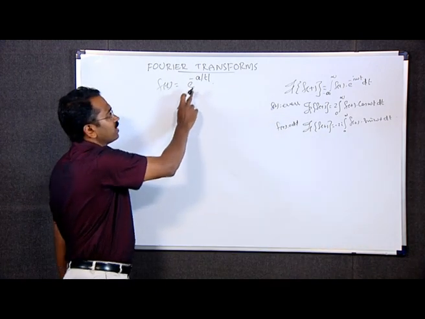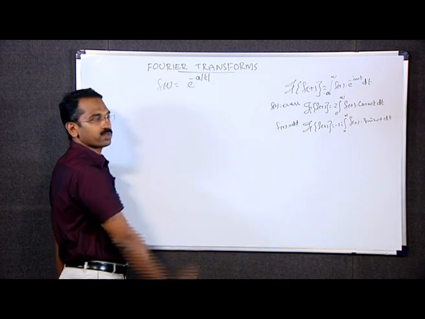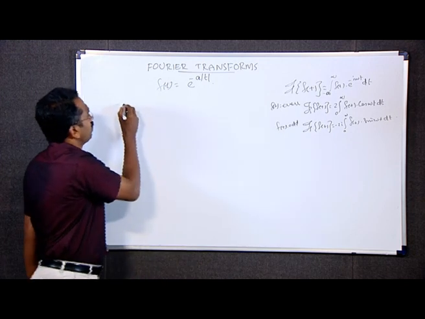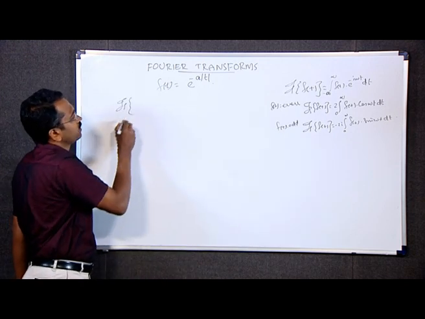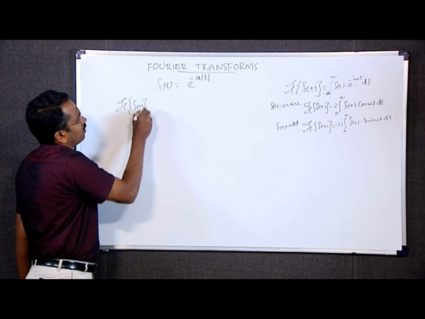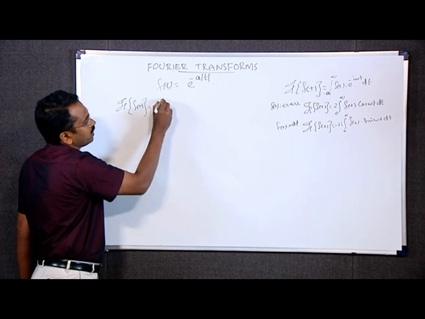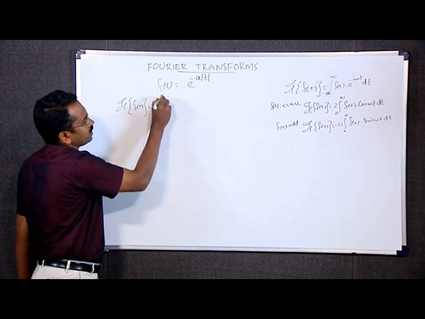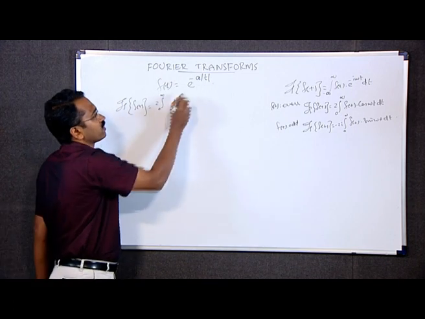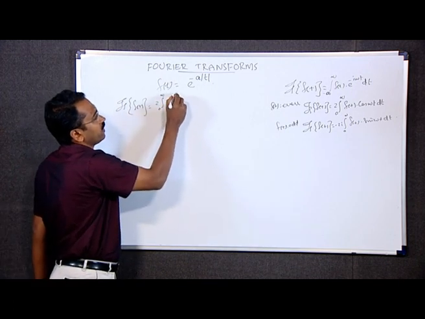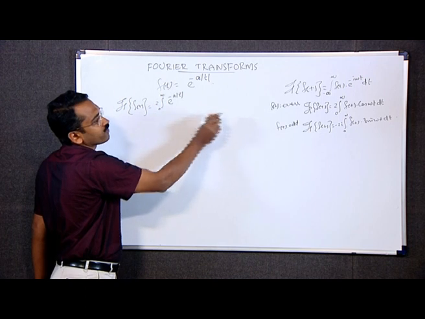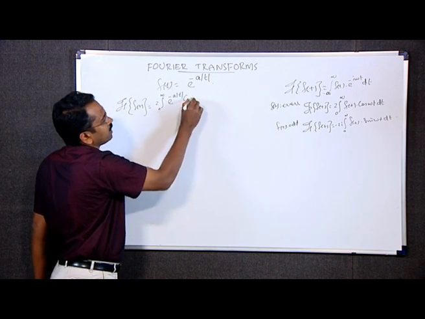In this function, this is an even function. Therefore, the Fourier transform is 2 times the integral from 0 to infinity of f of t, which is e raised to minus a into mod t, cos omega t dt.